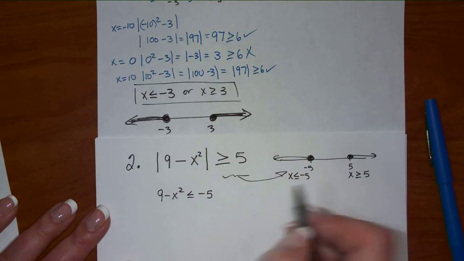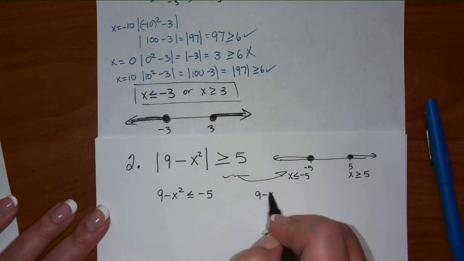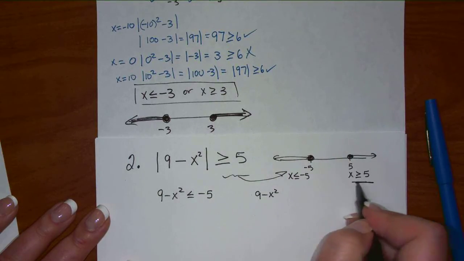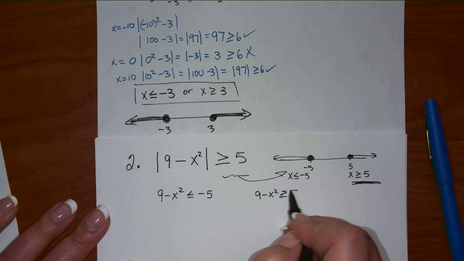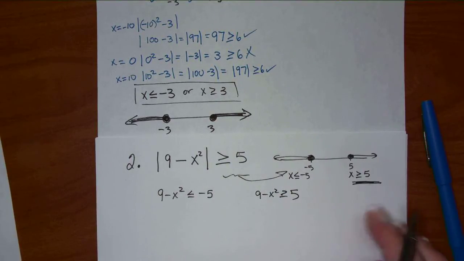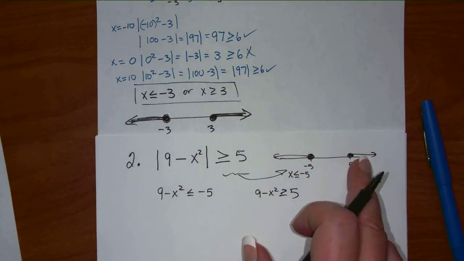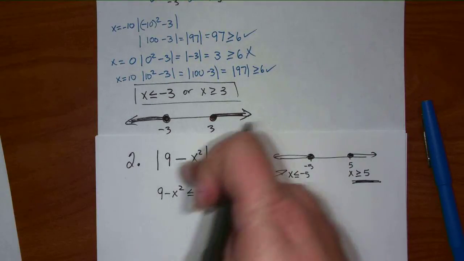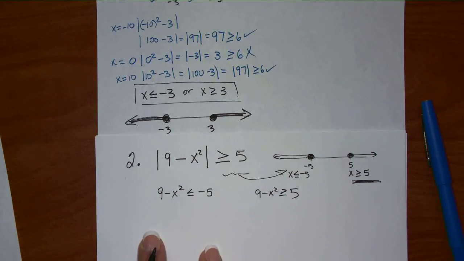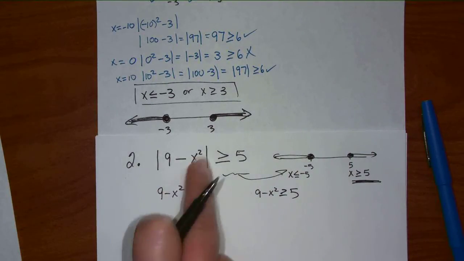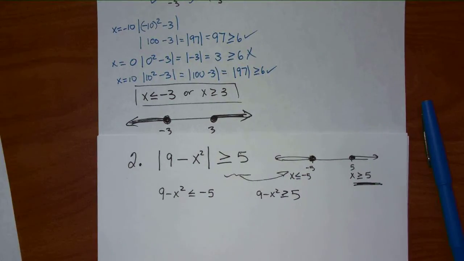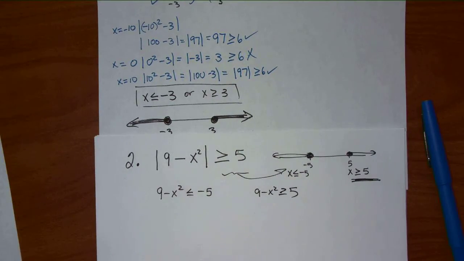And the other one is 9 minus x squared greater than 5. So those are our two equations. To remember them, unless you're really good at memorizing, you probably have to draw this and then write them out and then copy them down with the right argument, as we call it, whatever's in the bracket.